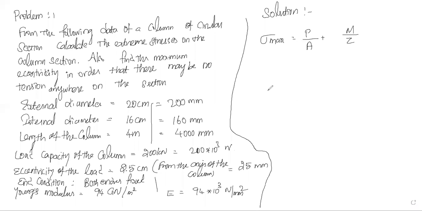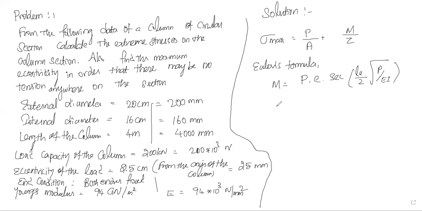If it is Rankine's formula, then M becomes, if it is Euler's formula, the M value becomes P into e into secant LE by 2 into root under P by EA. So these things we have to calculate now.